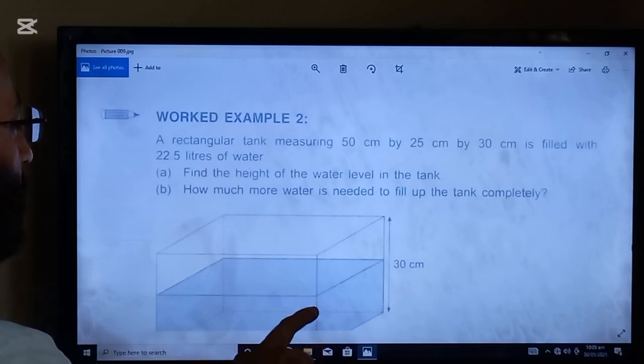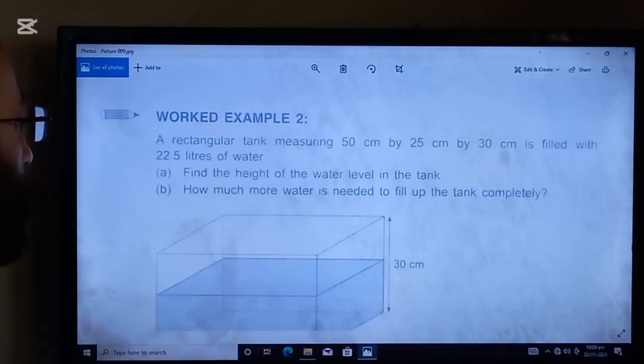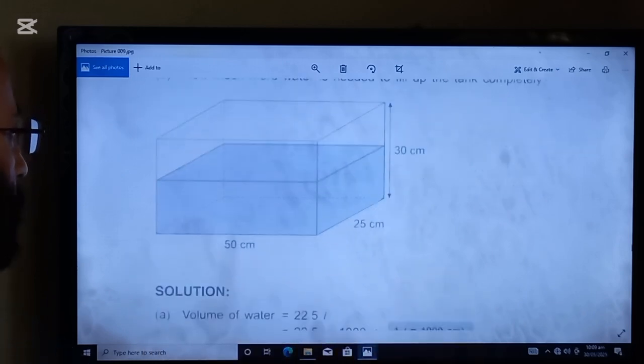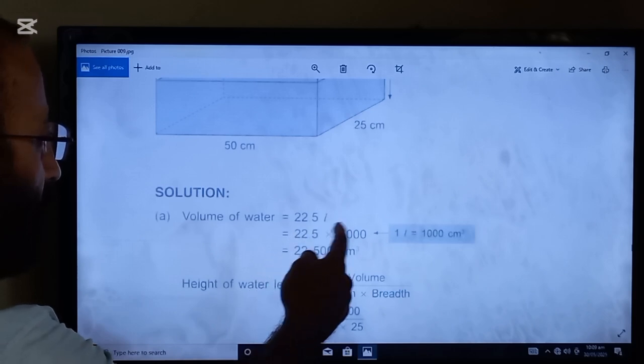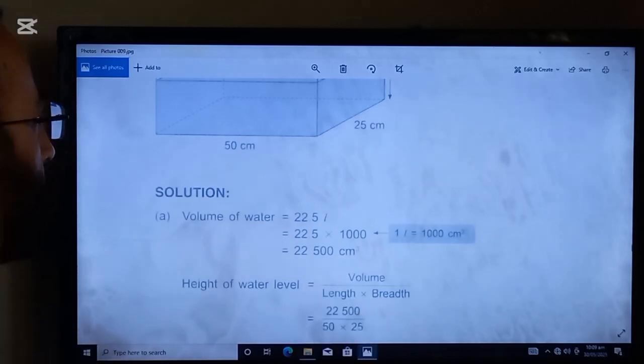The only thing required in the beginning is to convert liters into cubic centimeters. In 1 liter we have 1000 cubic centimeters, so multiply 22.5 liters by 1000, and you will get the answer in cubic centimeters.